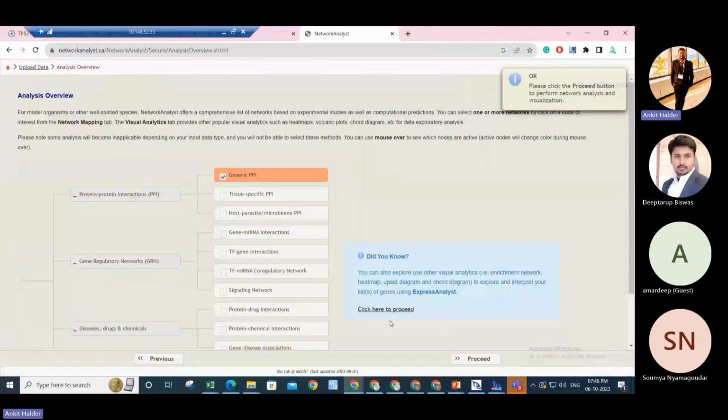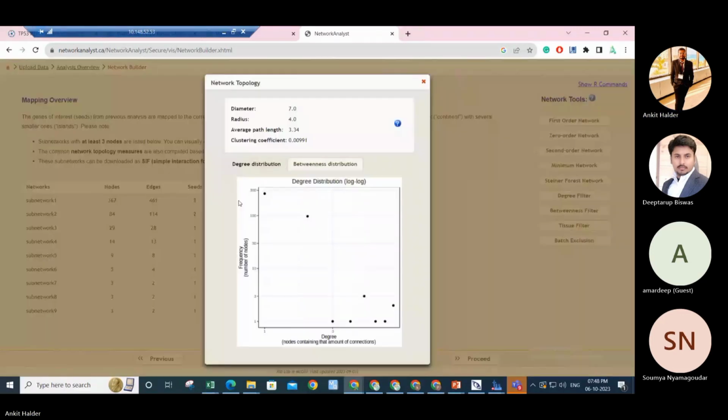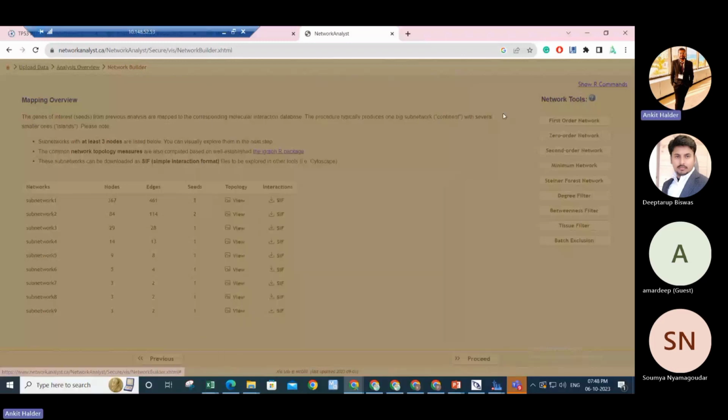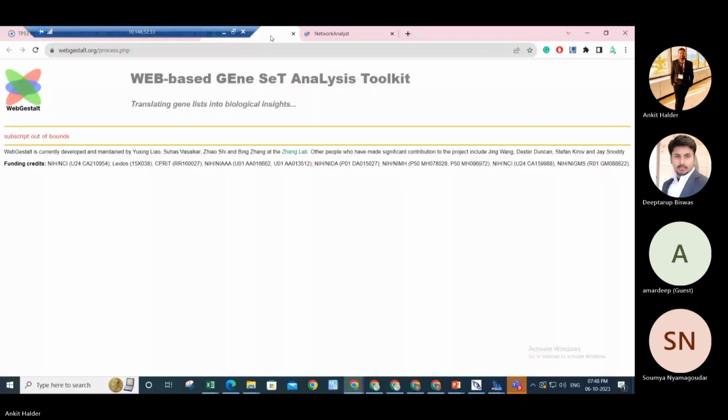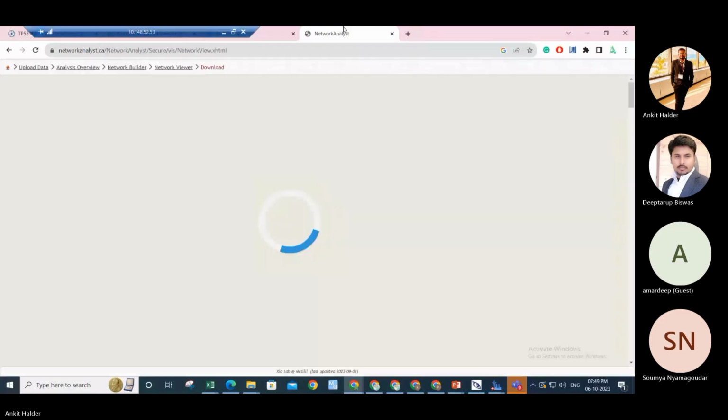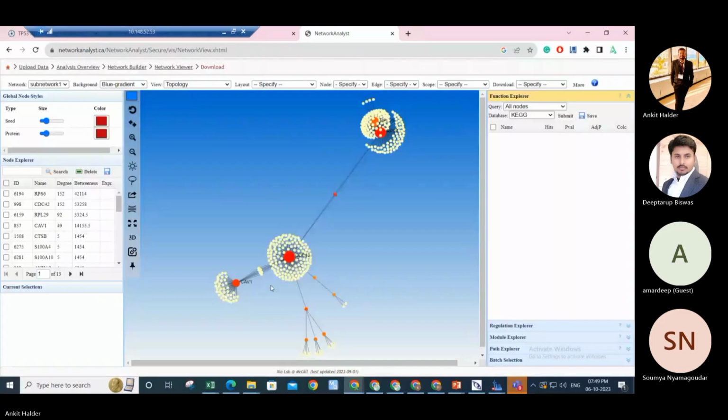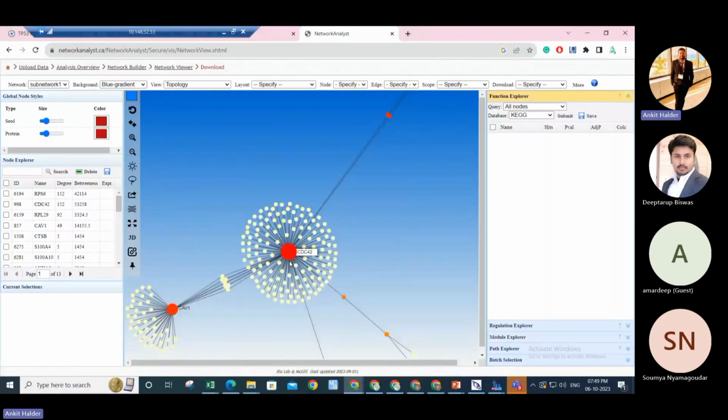Yes, so you can view the topology. If you go for the first run, you can see the network and the hairballs that we were discussing have been formed.